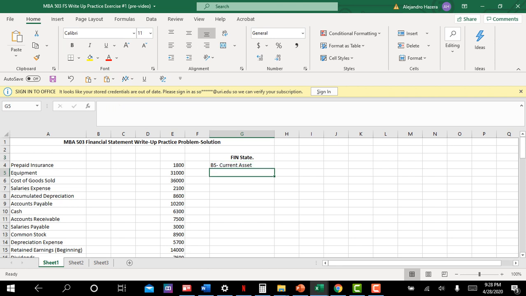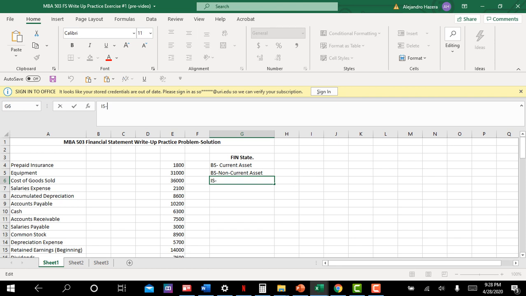Our equipment, that obviously goes on the balance sheet, and that's a non-current asset. Why is it a non-current asset? Because it lasts for much more than a year. Cost of goods sold, that goes on the income statement, and I'll use IS for that.